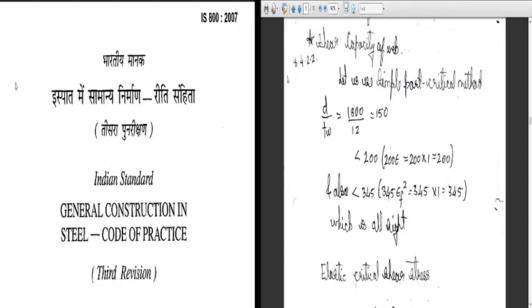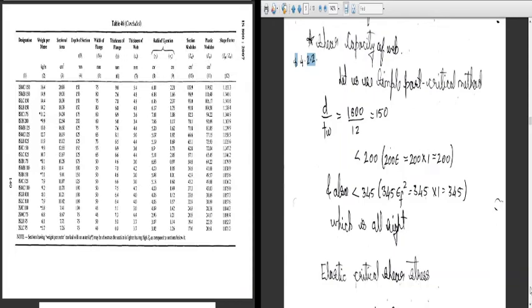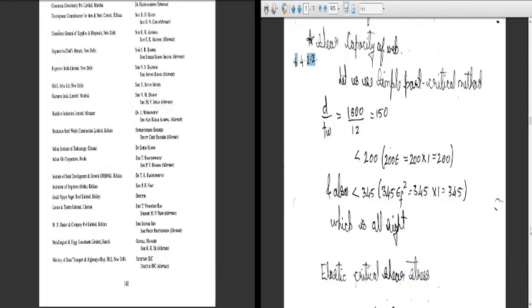That is given in clause number 8.4.2.2 in IS 800 2007. So, let us go there. Let us move to clause number 8.4.2.2, which gives the component for shear.